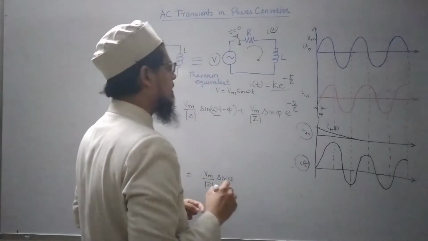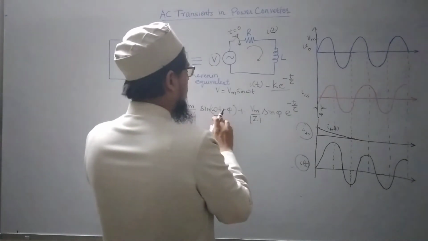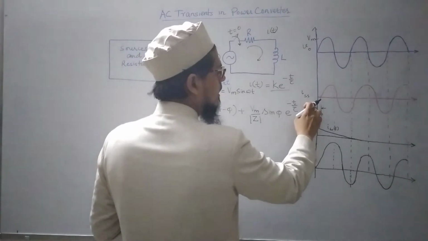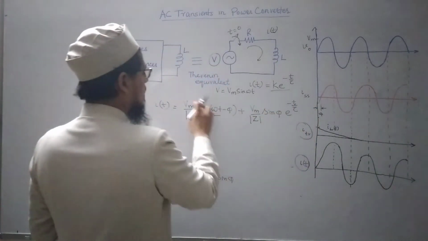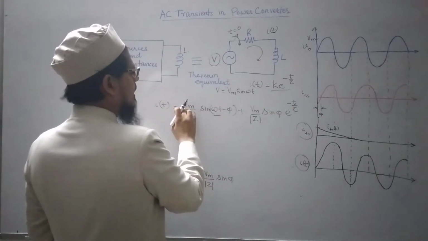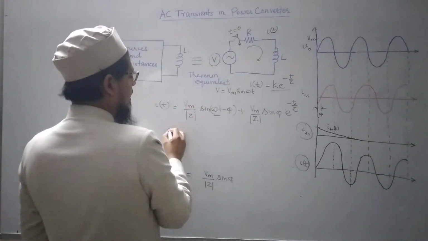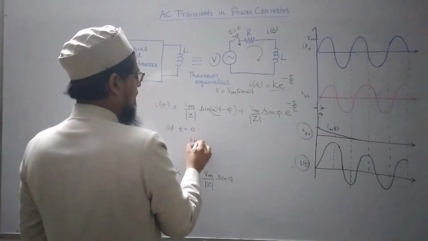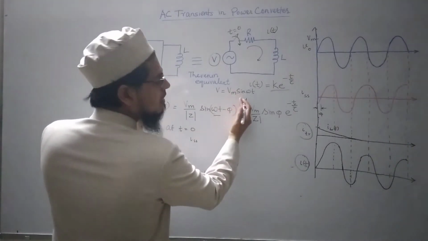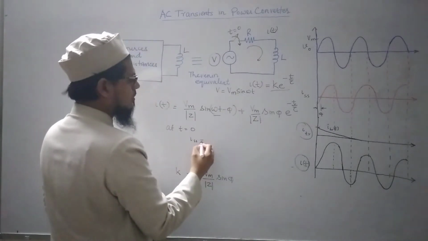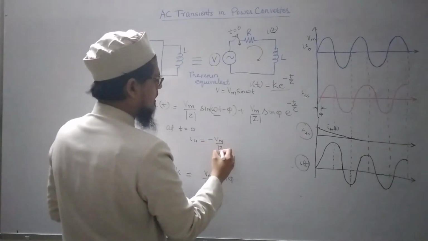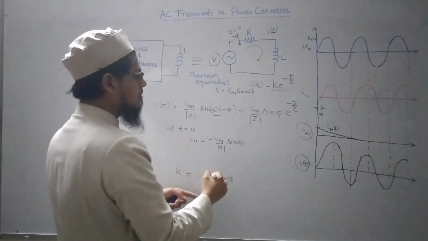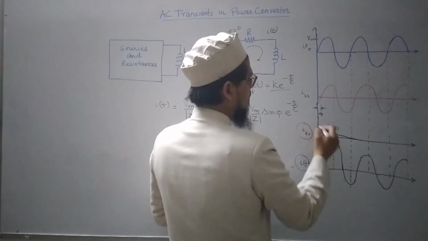And if I put omega t equals 0, at the instant t equals 0, you could see here this value is nothing but minus Vm by Z sine phi, if I consider only this part of ISS. So if these two add up, they will give you 0.